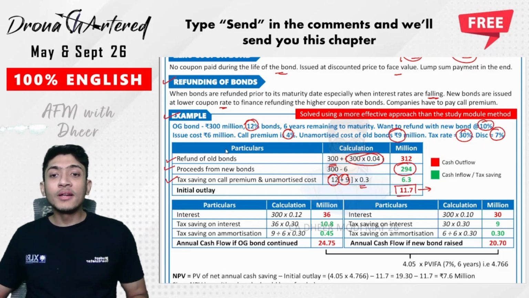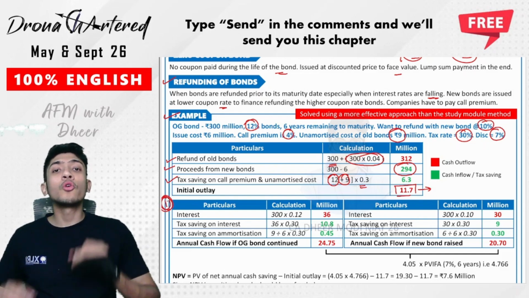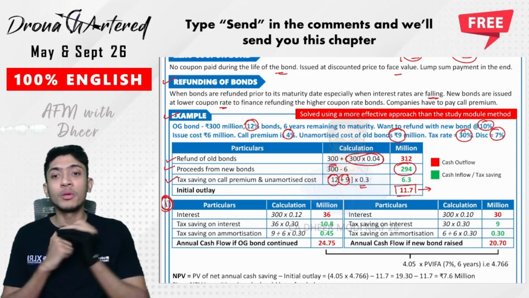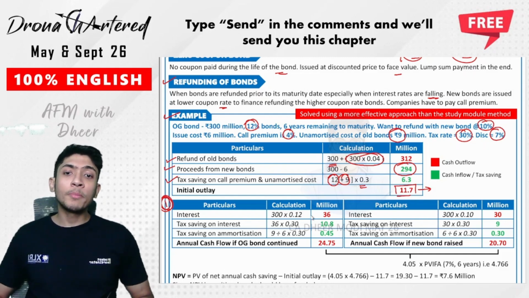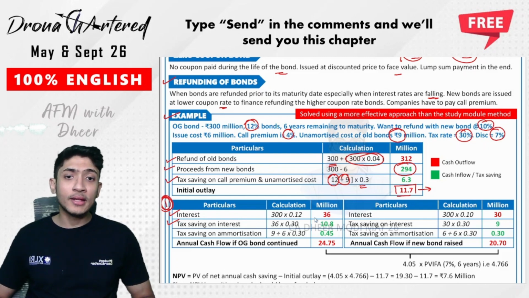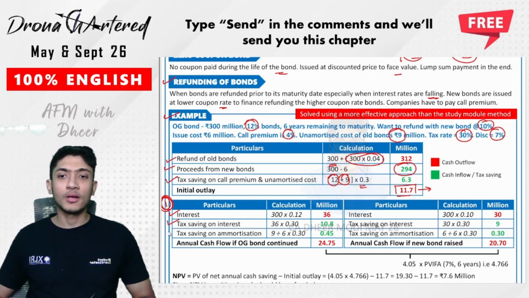Correct? So first we will assume our first case is if your original bonds are continued. If nothing is done, what will happen to our annual cash flow? So every year we will be paying interest of 12%, that is your 36 million. Then every year you will get tax saving on this interest at 30%. That is your 10.8 tax saving.